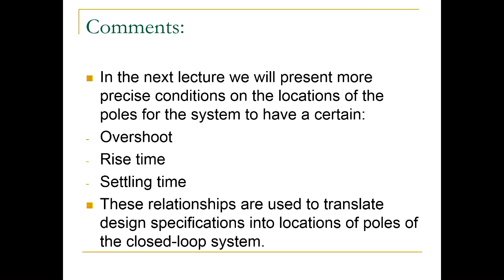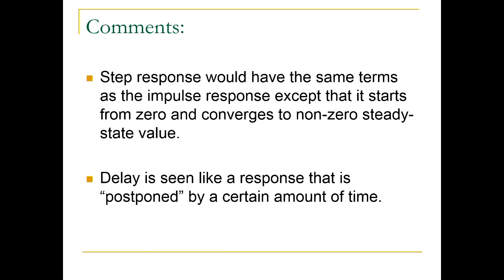So we will be able to translate the features of step response into locations of the poles for second-order systems. And this is the first step in design. The first step in design sometimes is to translate features of step response into locations of poles. And then the second step is we'll design control that achieves this.